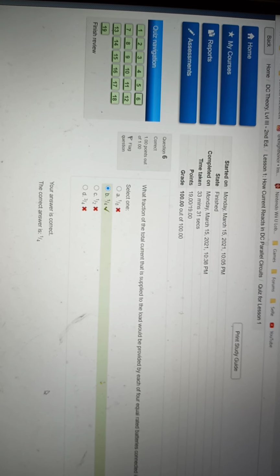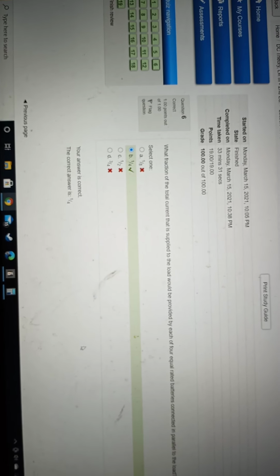What fraction of the total current supplied to the load will be provided by each of the 4 equal rated batteries connected in parallel to the load? The answer is 1/4.